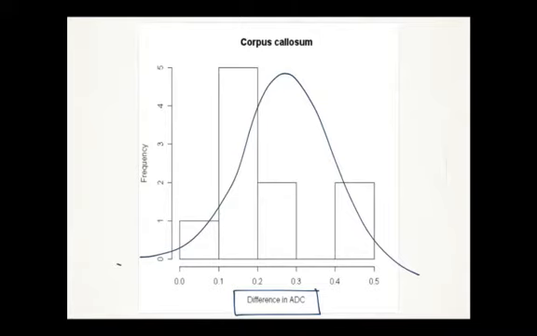Okay? So were we to conduct a one sample t-test of the difference, or a paired t-test, our null hypothesis, if we were going to proceed in that way, would be that the mean difference is equal to 0.